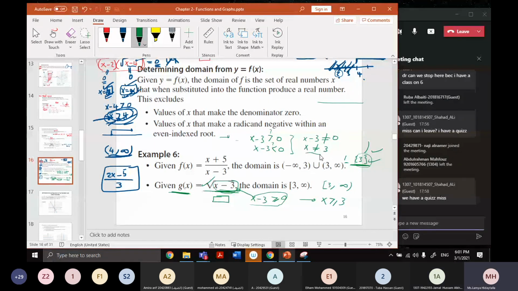This is the only problem. This is the real line, this is the number 3, so I remove this one and everything else is included: from minus infinity up to 3, open from this side, and also from 3 to infinity, but 3 is not included. That's why I write it from minus infinity to 3 union from 3 to infinity.